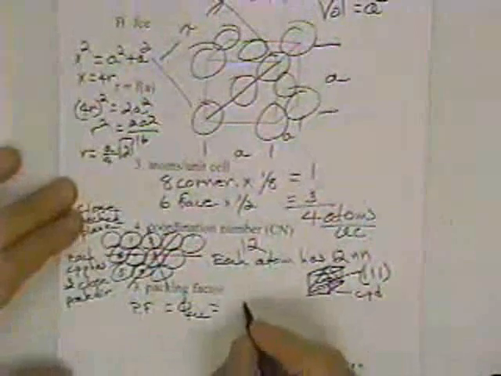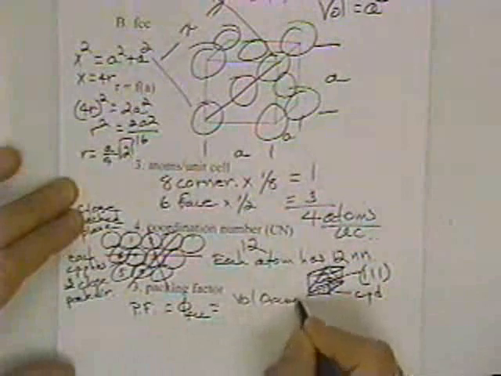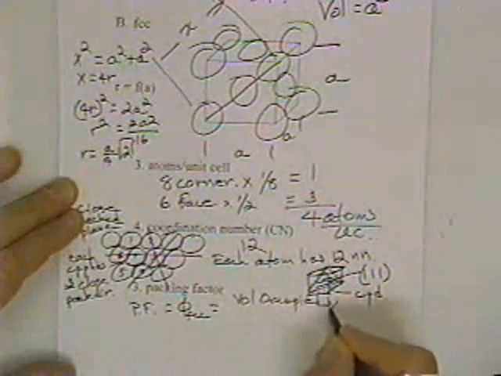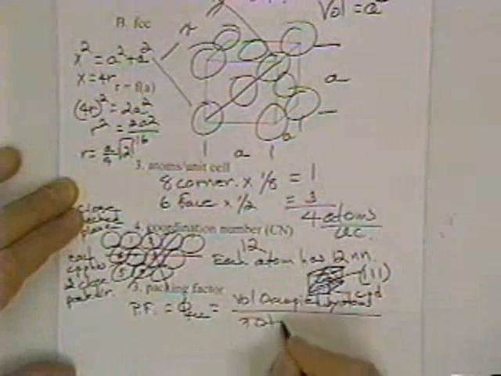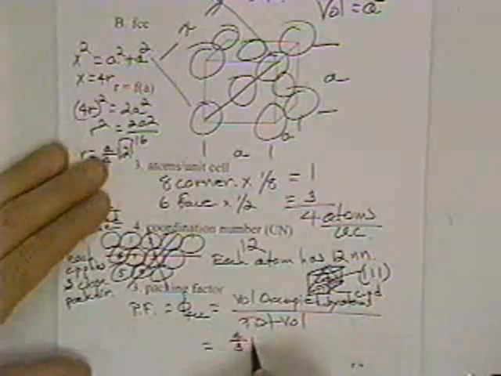And if we look at the packing factor for face-centered cubic, it's going to be equal to the volume occupied by atoms over the total volume. So the volume occupied, let's see, that'd be 4/3 pi r cubed.